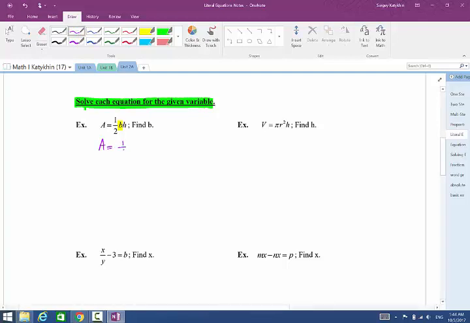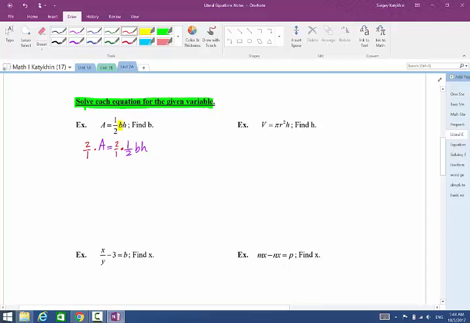We know that if I have 1/2 base times the height, I can actually get rid of that 1/2, from what we learned previously, by multiplying by its reciprocal. That's how we get rid of a fraction in front of something. So I can multiply by 2 over 1, which means I multiply by 2 over 1 on the other side.